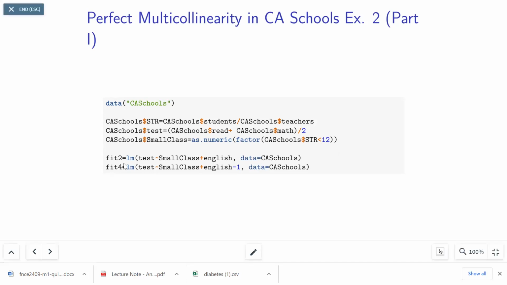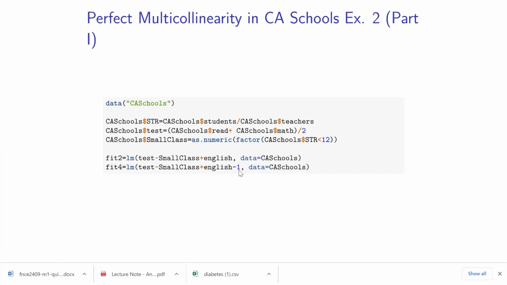In the first regression, you regress test scores on the small class dummy and the percentage of English learners. In the second regression, you'll regress test on small class and English, but force the intercept of the regression to 0 by adding -1 at the end of the LM regression.